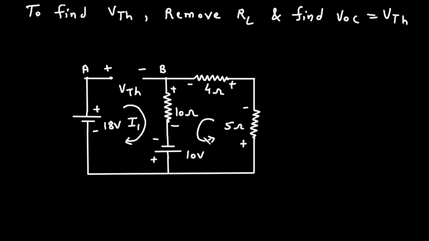So let's apply KVL to the right side loop, starting from this point.